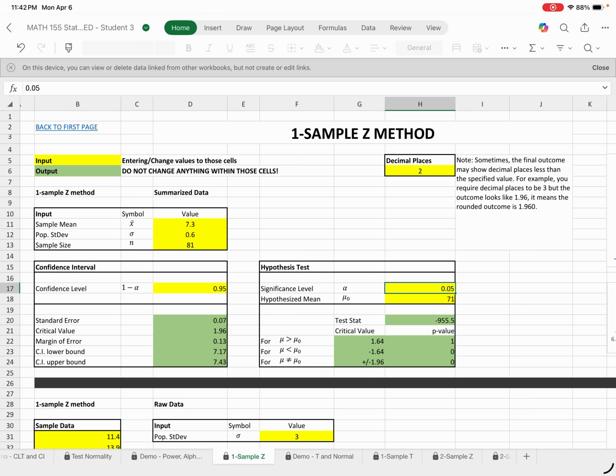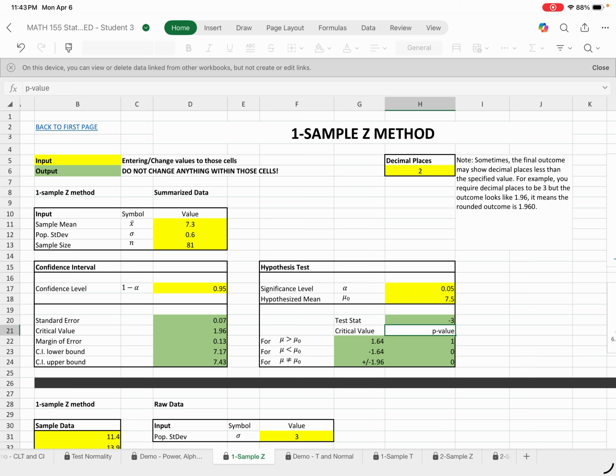Since it seems to be different, we'll choose a significance level. 0.05 is the usual significance level. It's 1 minus the confidence level. And our hypothesized mean was 7.5. See, our test statistic was negative 3. That was the negative 3 we calculated earlier.